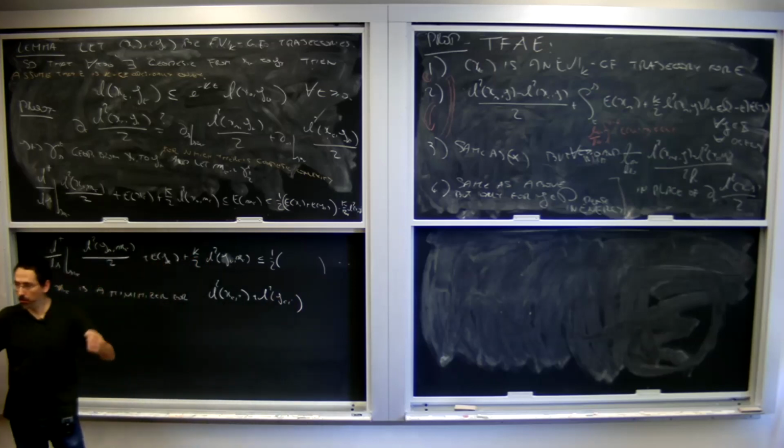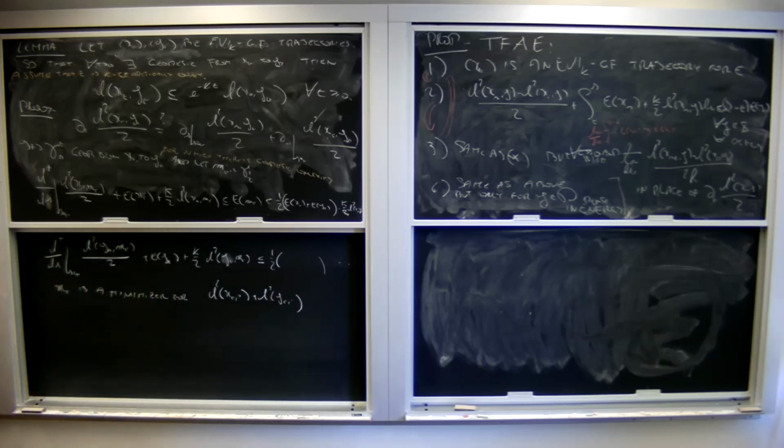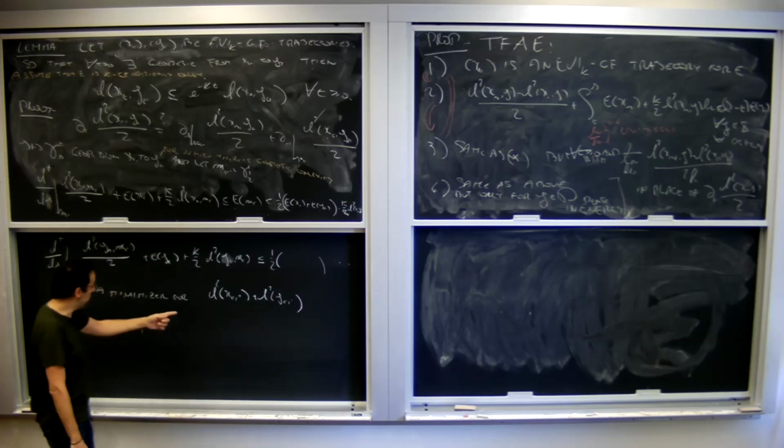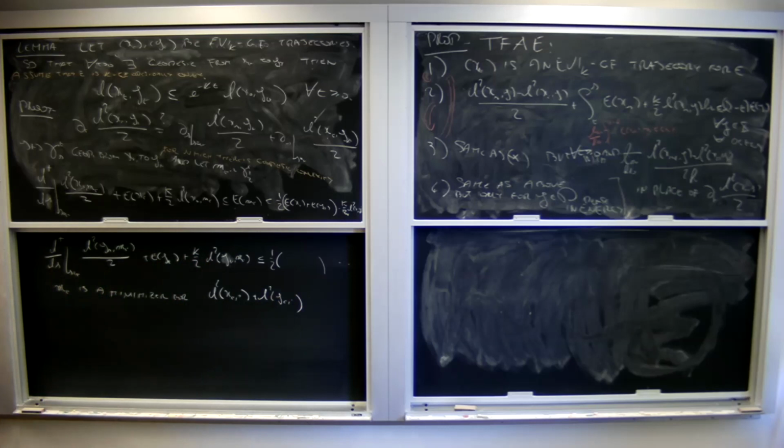If you have two points in a metric space, you look at the function distance squared from one point plus distance squared to the other point. For trivial reasons, any midpoint minimizes this quantity, by the triangle inequality basically.